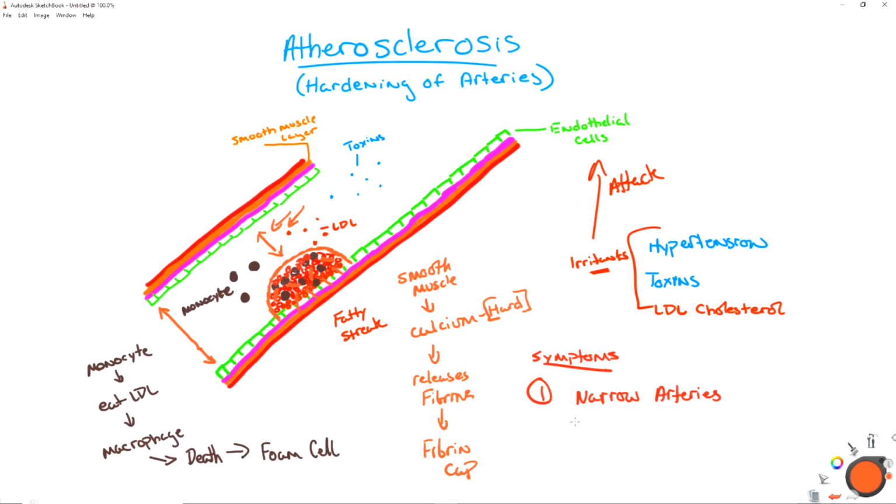Okay, so the narrowing of the arteries, that's going to happen, but because of this fatty cap or this fibrin cap, and because of the calcium, you're then going to get your second symptom, which is the hardening, okay, of the artery wall. Okay, this becomes stiff. Okay, and this is where that stiffening happens.